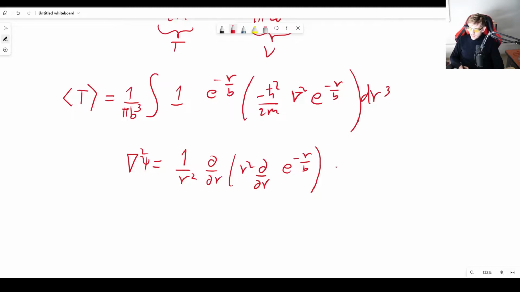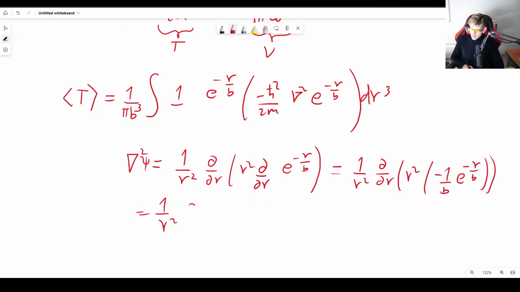Now let's begin taking derivatives. So the first part will not change at all. And then we take the derivative. So we get minus 1 over b of e to the minus r over b. Now we multiply it by r squared, so we get 1 over r squared d by dr of minus r squared over b e to the minus r over b. Now we take the derivative of this.